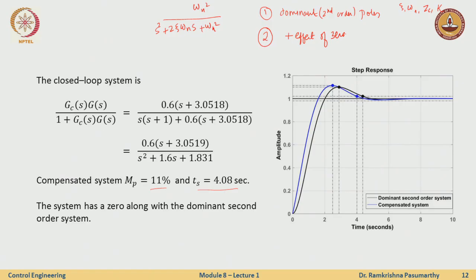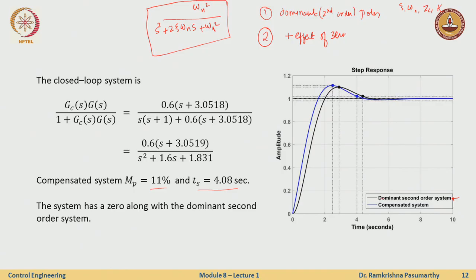Now, what is the effect of the 0? There is some not very good thing happening here. If I just draw a plot of the dominant second order system, without considering the effect of the 0, this is how my design goes. All my specifications are translated to a second order system.